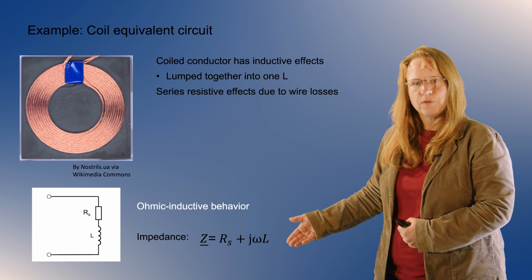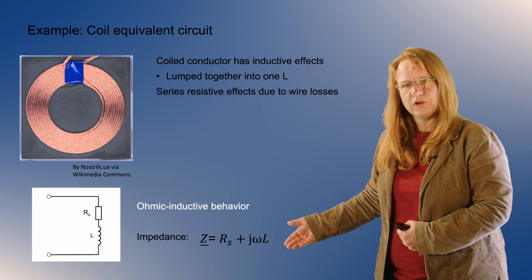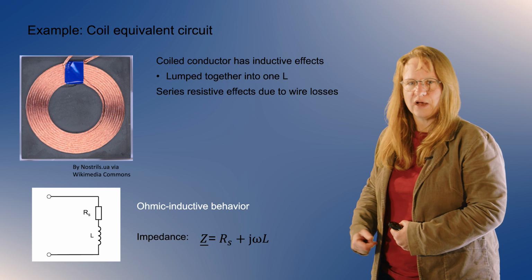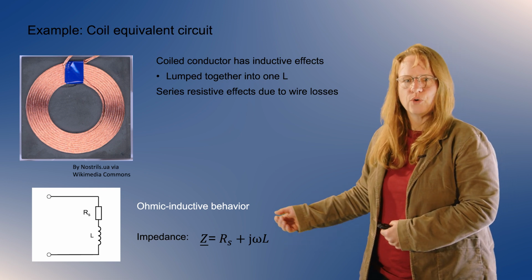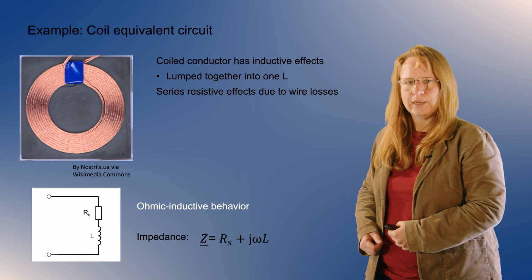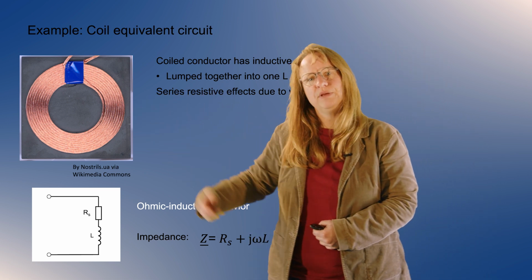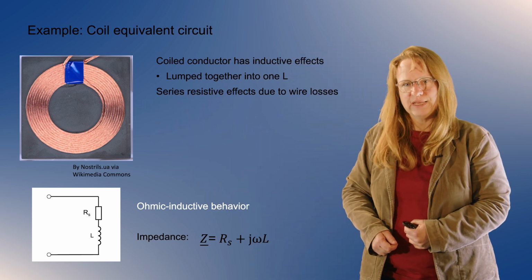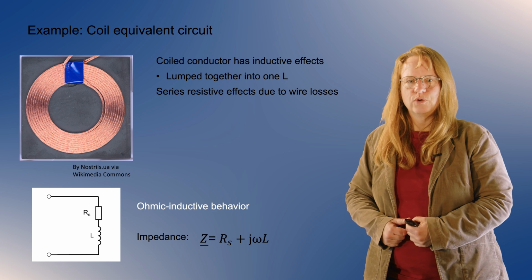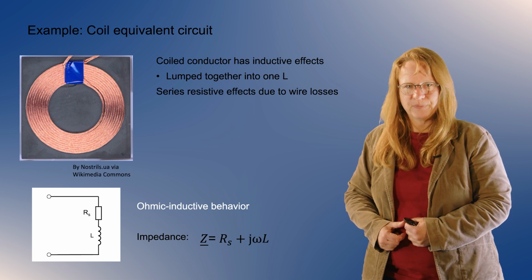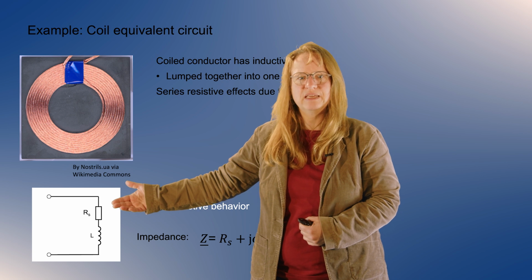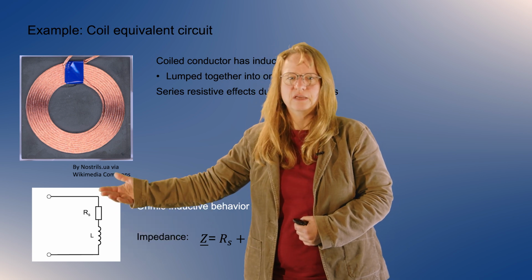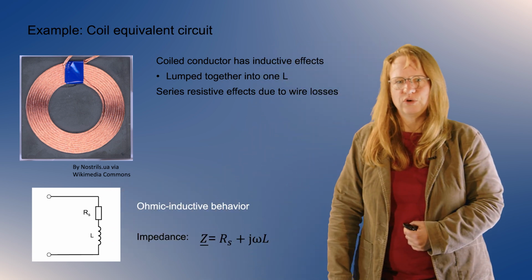What we can see from this equation is that if we change the frequency, then this omega, which is 2 pi times the frequency, will change. So the impedance of our coil will always be frequency dependent, and that is what is represented in this equation. Such a coil in a simple model would be given by the representation shown here.